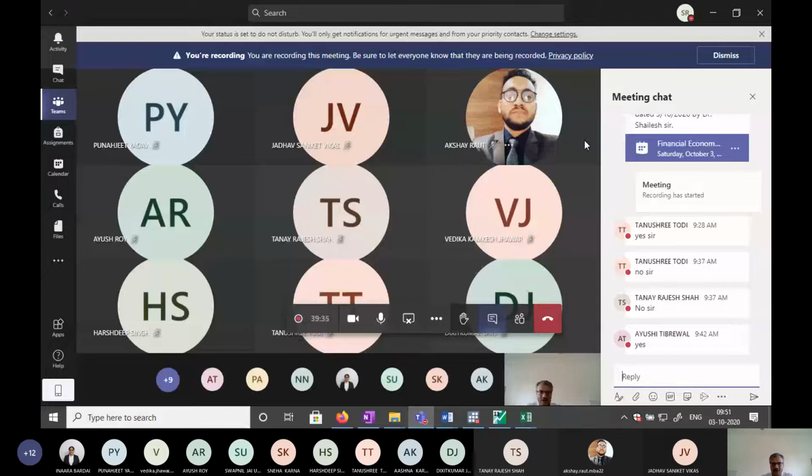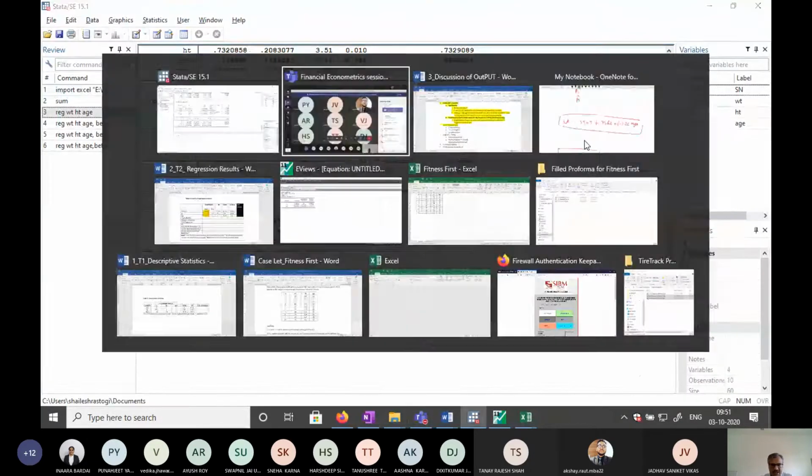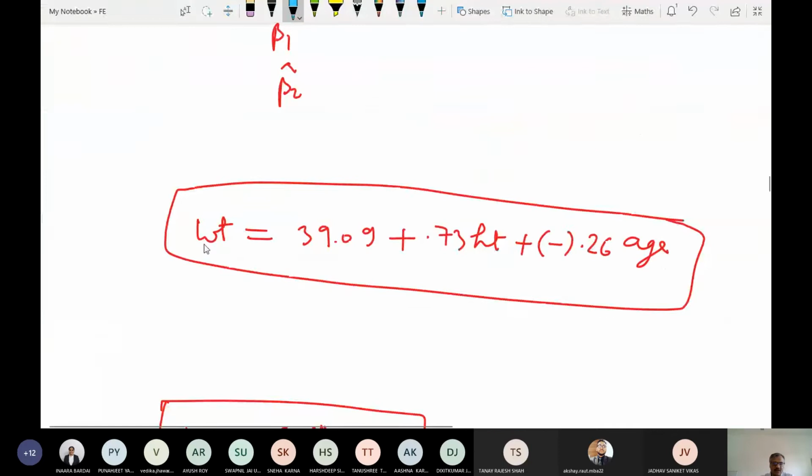We are trying to build a model for y, which is weight. So our whole attention is obviously on weight. R square tells up to what extent we can explain the variation in weight with the help of these two independent variables.